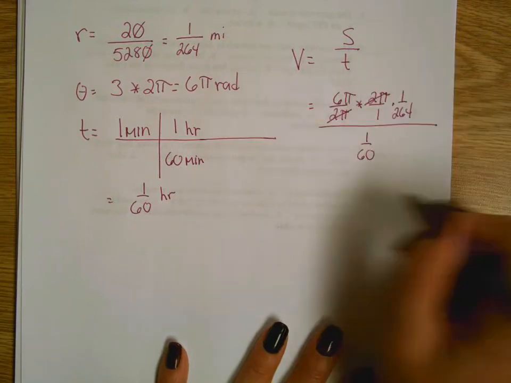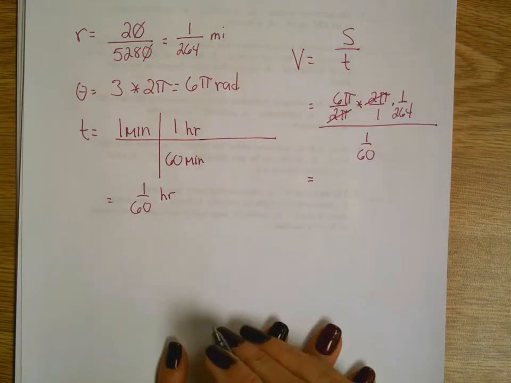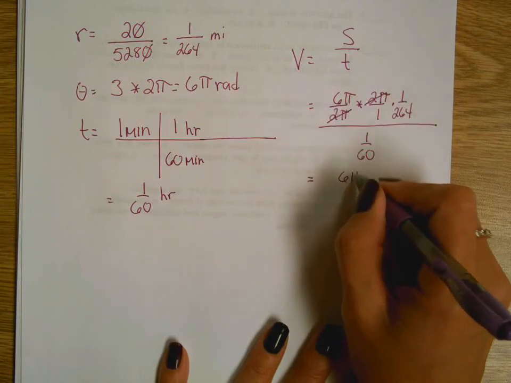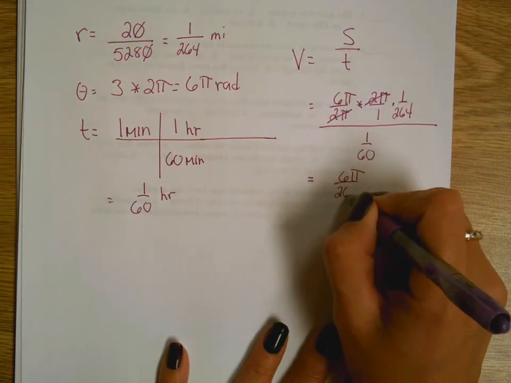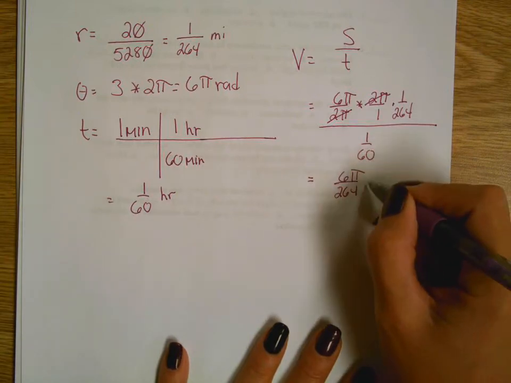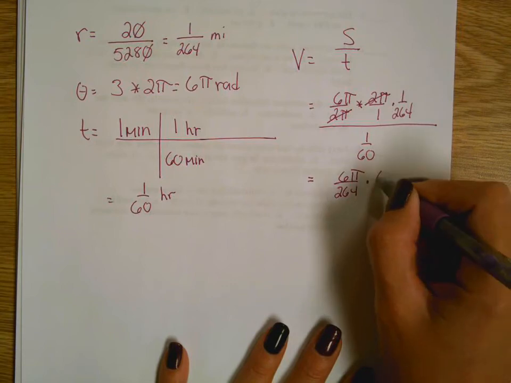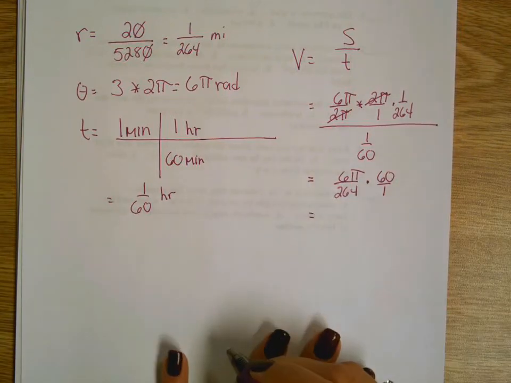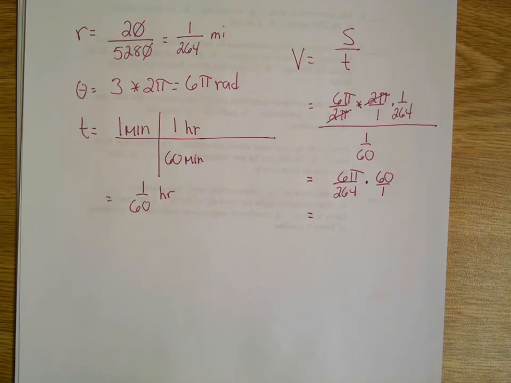Now it's calculator work, so we'll have 6 pi over 264. How do I divide by 1/60th? 60 over 1. Whatever that is, how fast is our Ferris wheel moving?